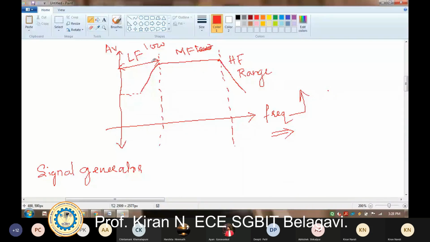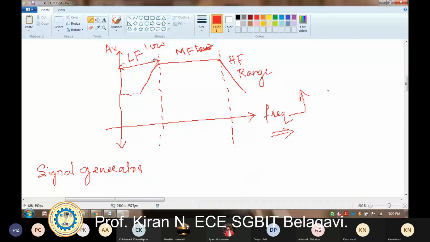So we are observing different ranges of frequencies: low frequency, middle frequency, and higher frequency. At low frequency, the gain is increasing linearly. At middle frequency, the gain remains constant. And at high frequency, the gain is decreasing slowly.